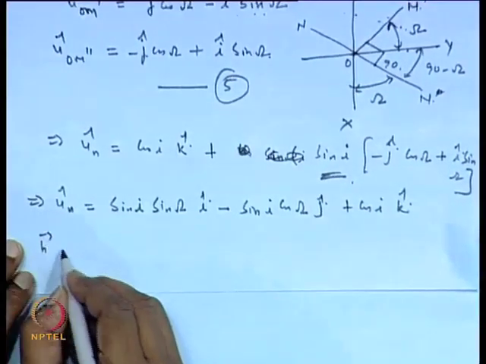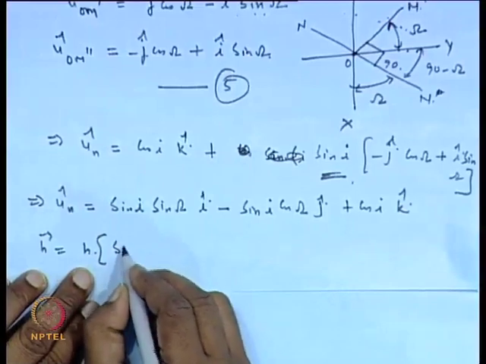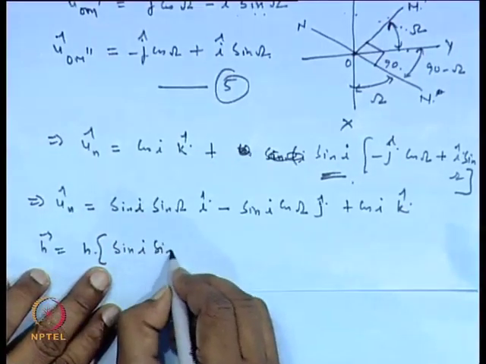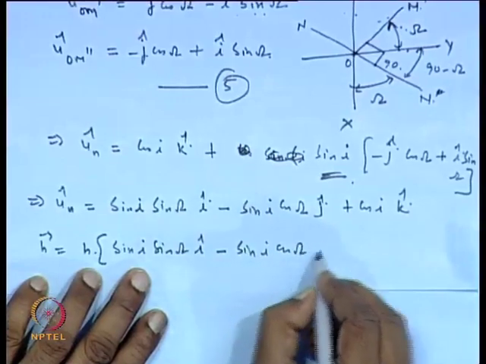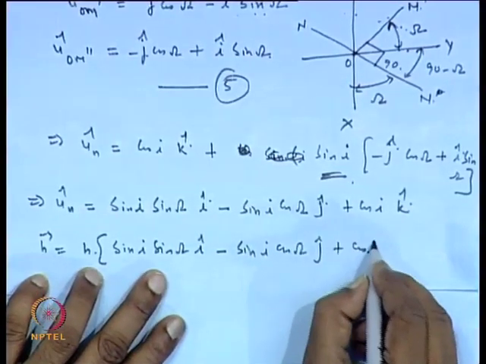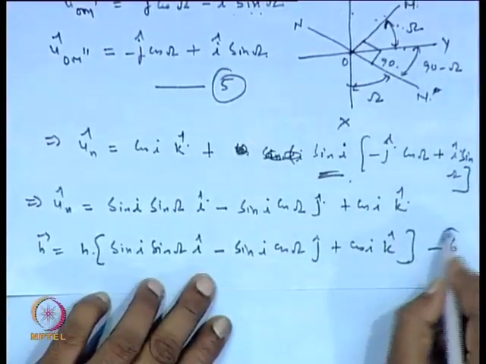Okay. And h we have, therefore, we can write as h times sin I sin capital omega I cap minus sin I cos capital omega j cap plus cos I k cap. This is our equation number 6.